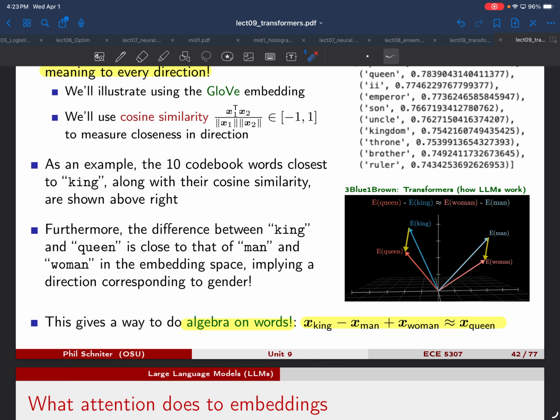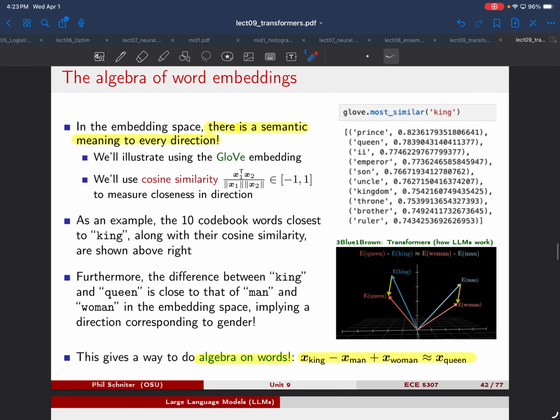That's the key idea behind embeddings: if you have well-designed embeddings, it allows you to do algebraic operations on them to create and disambiguate meanings. That's kind of the essence behind what the transformers do when they process.